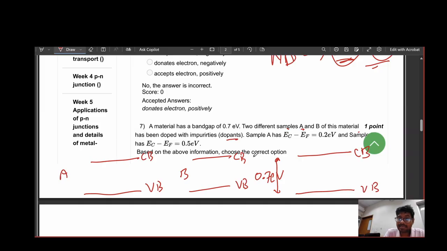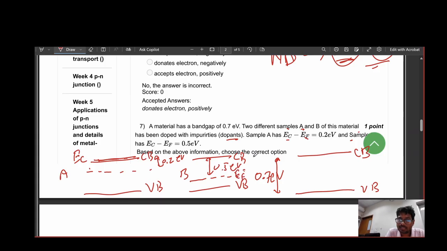Sample A has EC minus EF. This is the EC. EC minus EF, this EF is 0.2 electron volts. And sample B has, let us say, 0.5 electron volts between the conduction band and the EF.